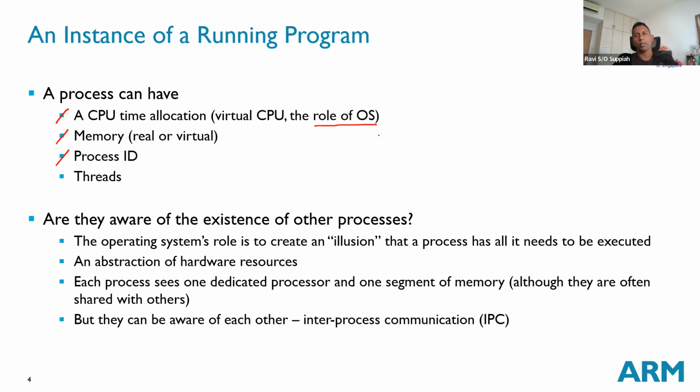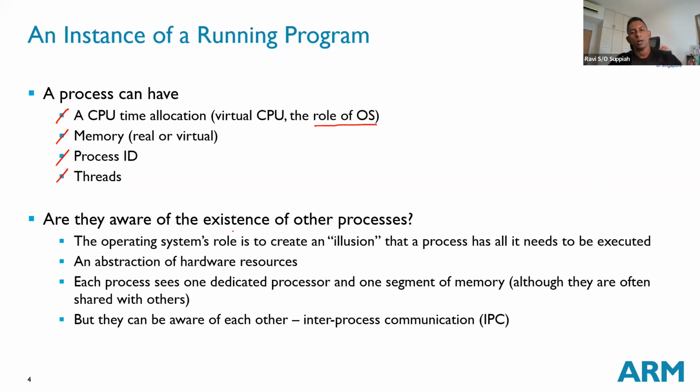Even though I open multiple Microvision applications, each of them will have its own process ID that is managed by the OS. And within the process, I may also need to create multiple threads. These are the main things that a process needs in order to effectively execute on your system.